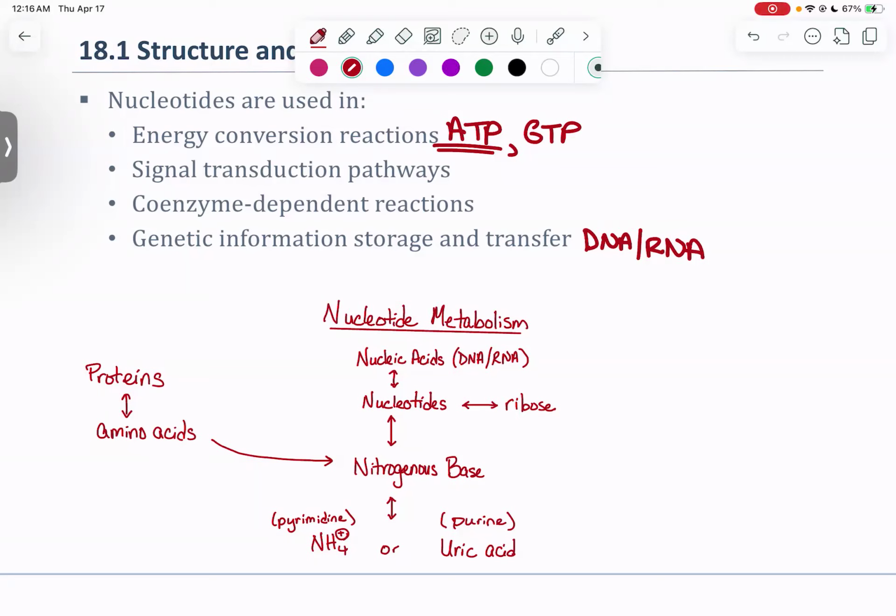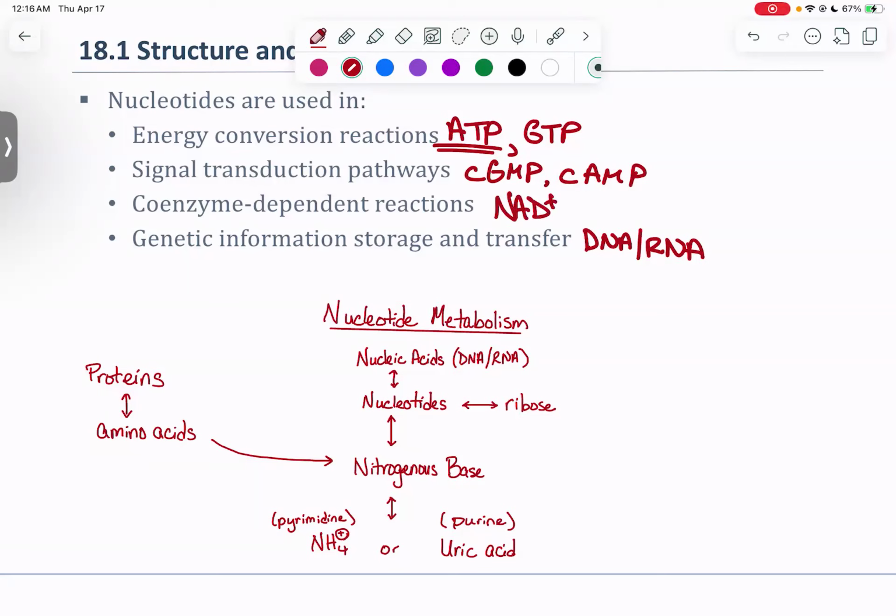Signal transduction pathways. This is where you're starting with a cyclic nucleotide, like cyclic GMP or cyclic AMP. Then you have coenzyme dependent reactions. So what are the coenzymes? We've talked about nicotinamide adenine dinucleotide.